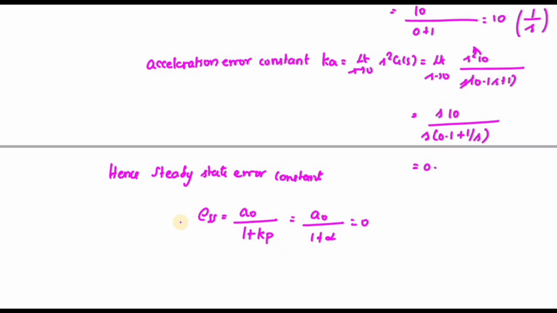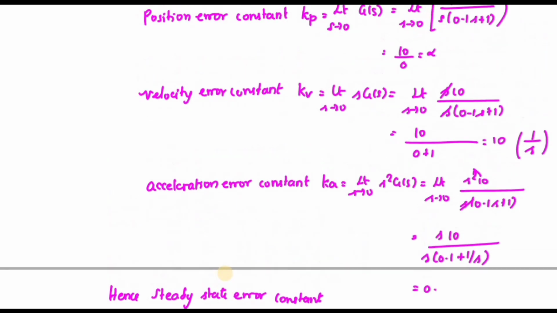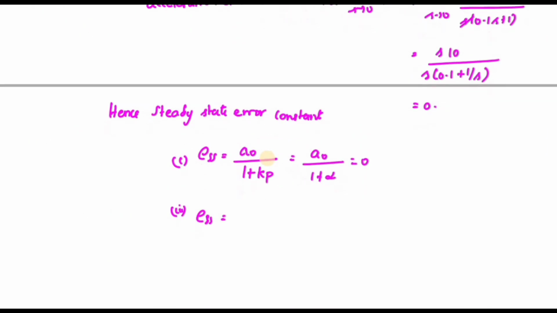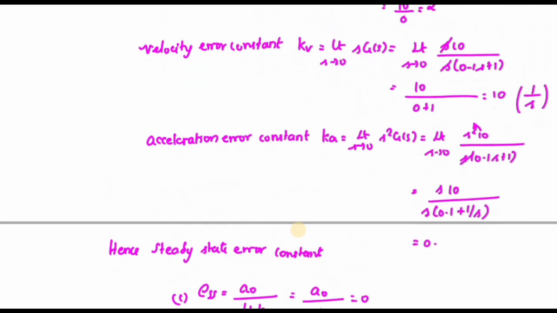Similarly for a1, here a1 is related to the velocity constant. So a1 divided by Kv, that is a1 divided by Kv value 10, right?